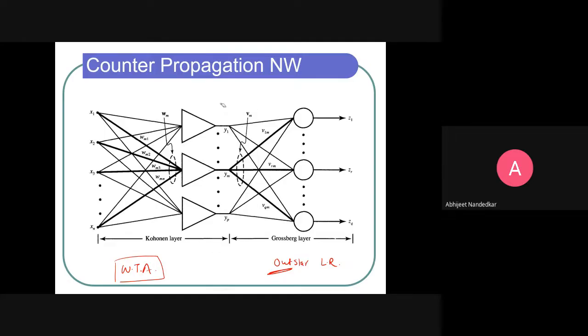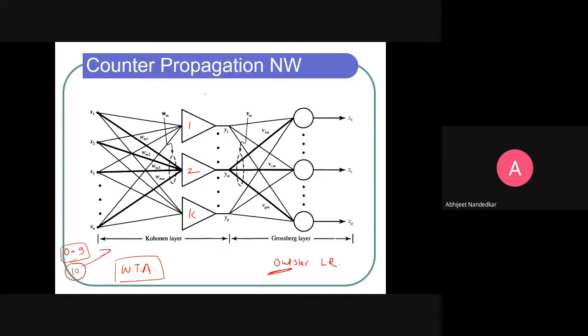What happens is, since we are assuming weights randomly for all these neurons, say 1 to, let us say k, we don't know which neuron is representing which group. Say for example, I have data for numbers 0 to 9, and I have divided this data into 10 groups using this network.